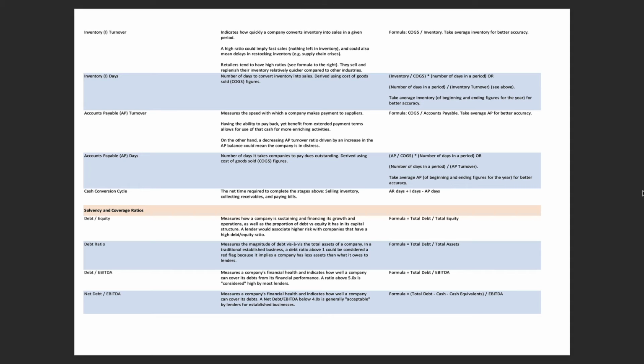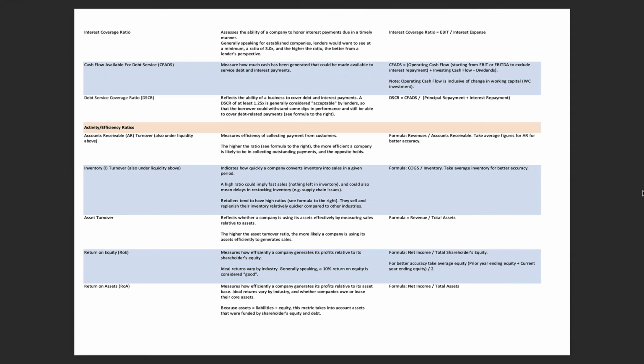Next, on solvency and coverage ratios, we will discuss the interest coverage ratio. And the interest coverage ratio is the earnings before interest and tax, or the EBIT, or the operating profit, divided by the interest expense. And the interest coverage ratio assesses the ability of a company to honor its interest payments when they are due in a timely manner.